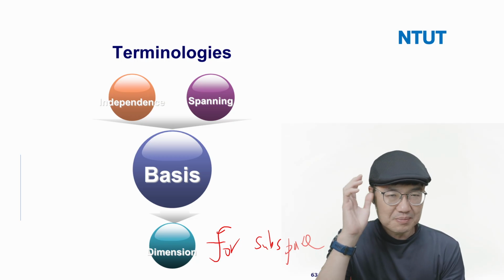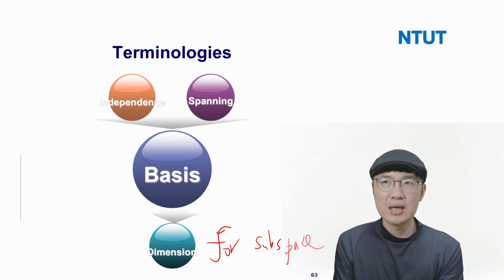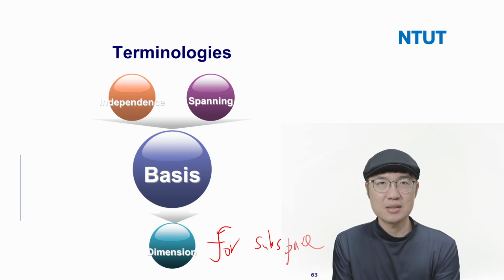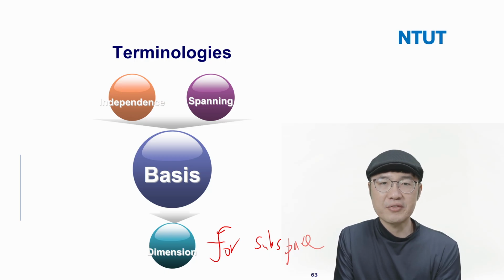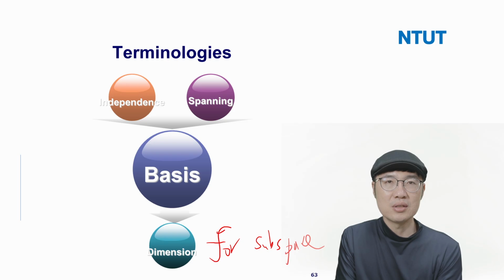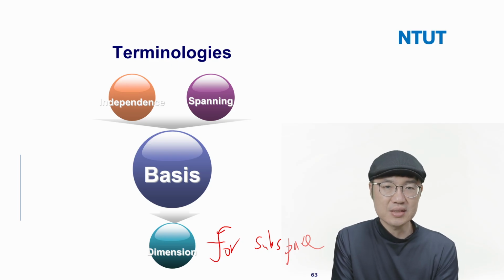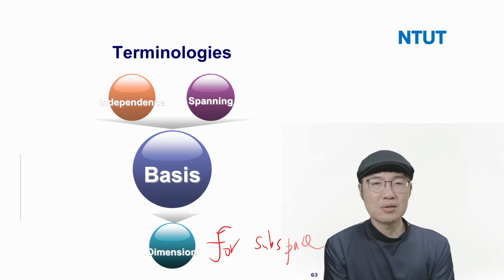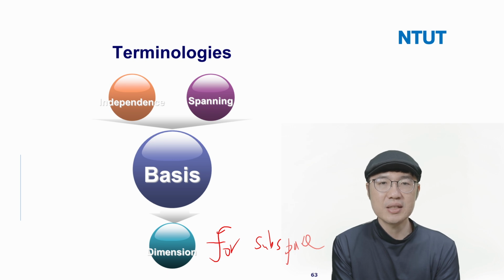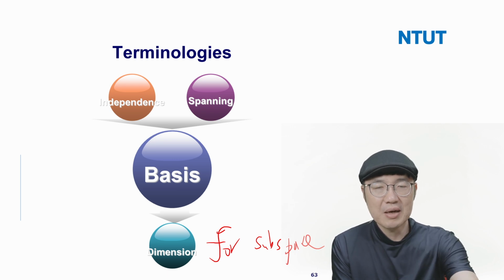That's all our intuitive understanding, not a formal way, because you cannot have dimension without understanding the basis. Finding the basis comes first. But a basis cannot be found without investigating the independence and spanning among vectors.